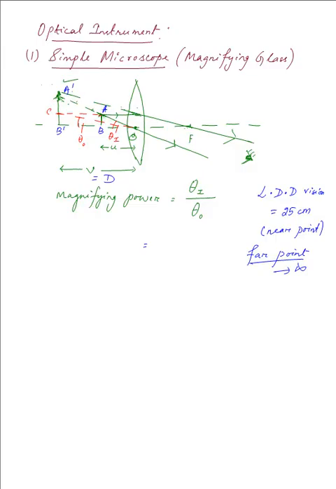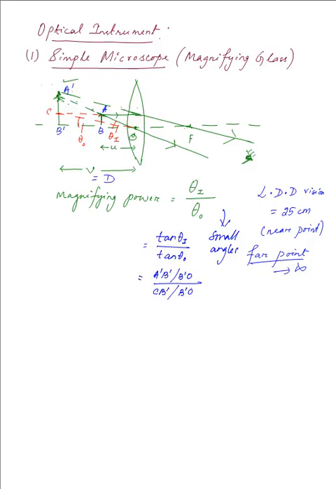So, for very small angles, these values are nearly equal to the tangent of those angles, tan theta I over tan theta O. Now, tan theta I over tan theta O, if you observe the triangles A dash B dash O and CB dash O, is the perpendicular over the base for tan theta I, and then the perpendicular over the base for tan theta O.